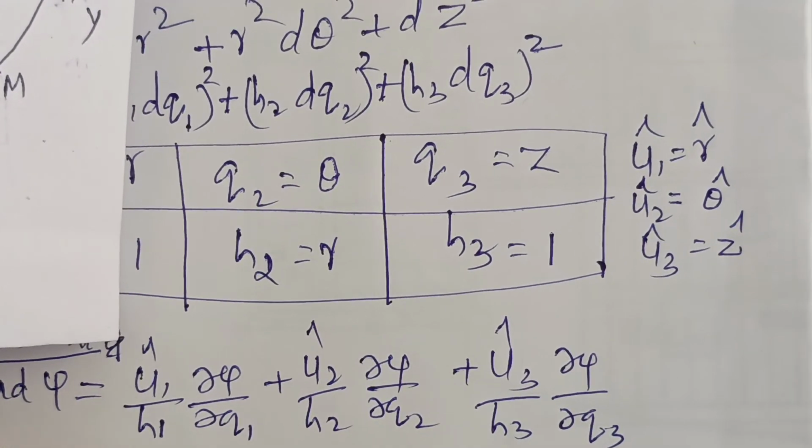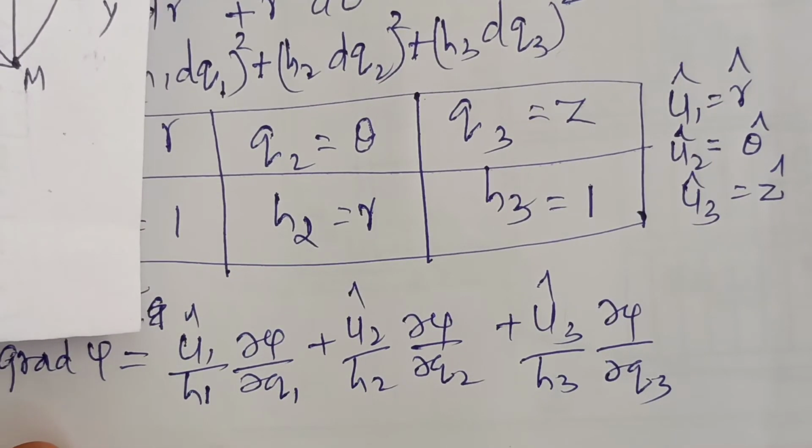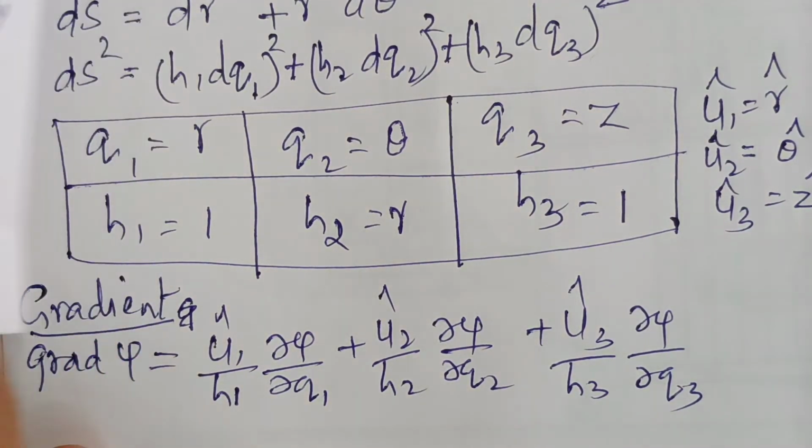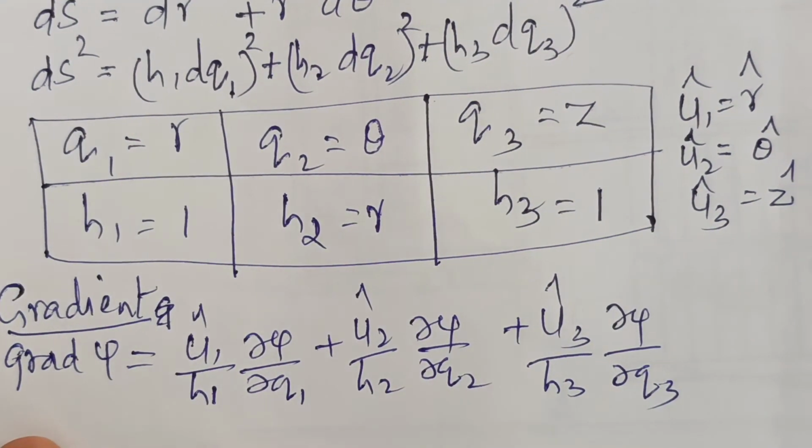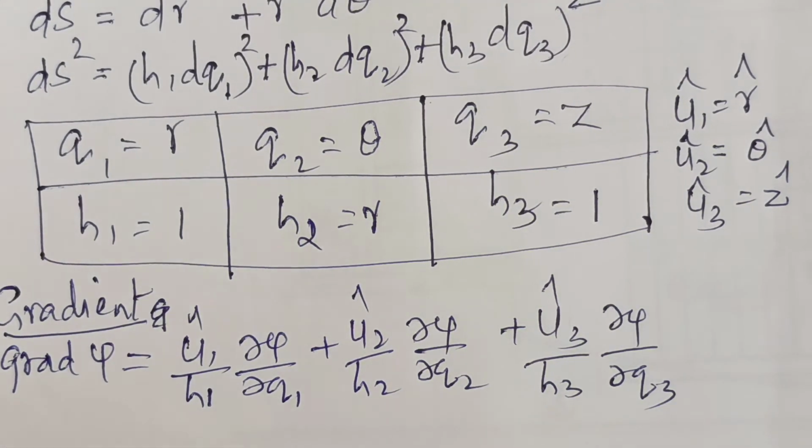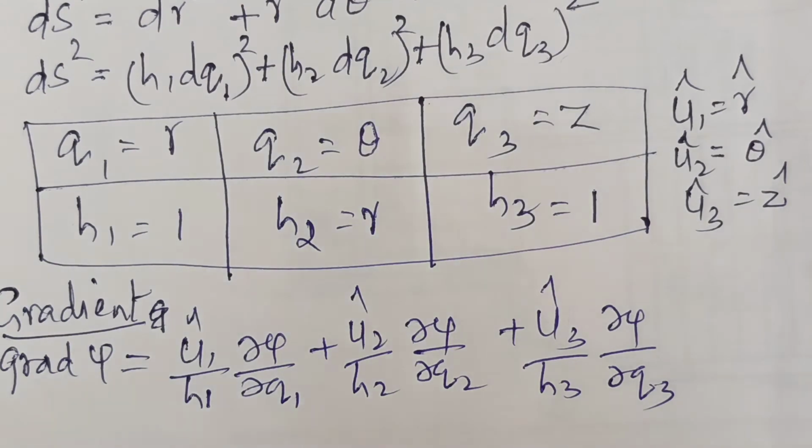What is u1, u2 and u3? Here they are r, theta and z. What is h1, h2 and h3? 1, r and 1. And q1, q2, q3 are r, theta and z. If you don't want psi, we can just write del only.